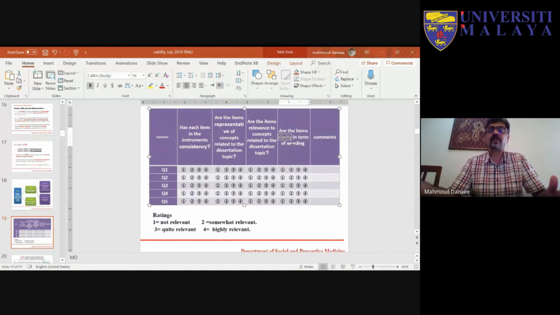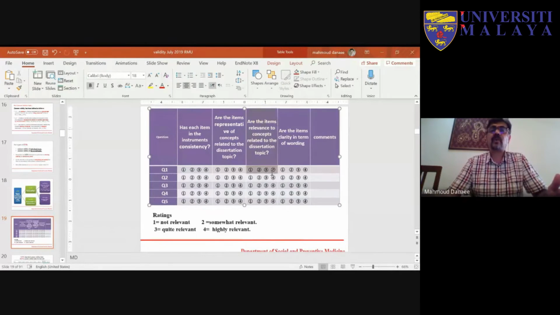Clarity refers to the face validity, meaning whether the items are clear in terms of the wording, the grammar, and the structure. And relevance refers to the content validity. Of course, you also need to let them give you any further comments in detail. This is the standard form for measuring the face and content validity.